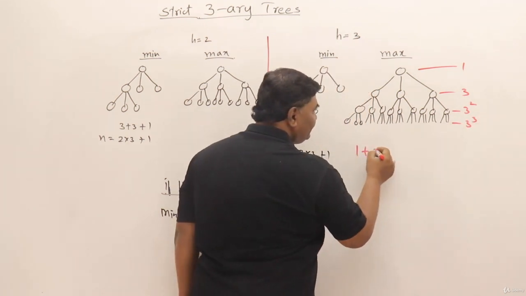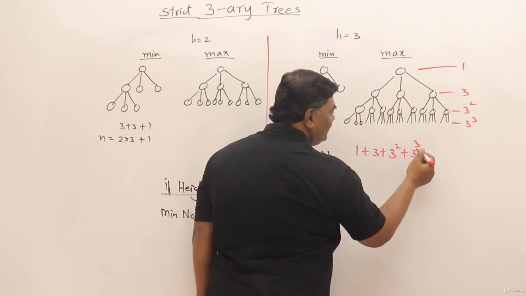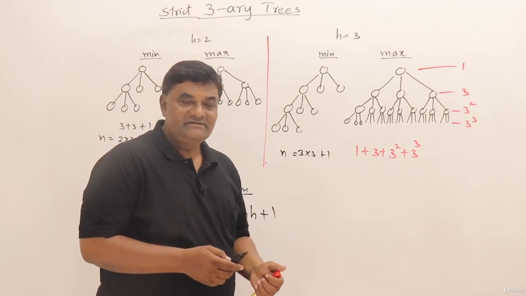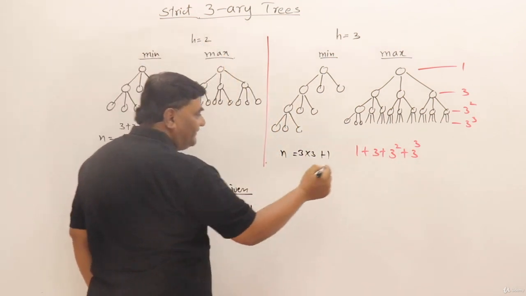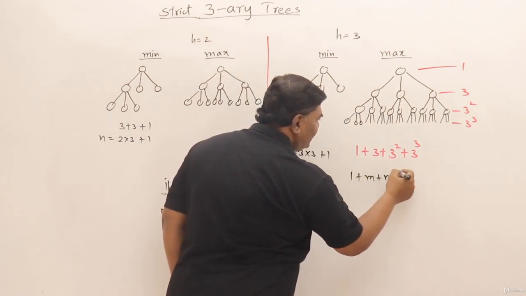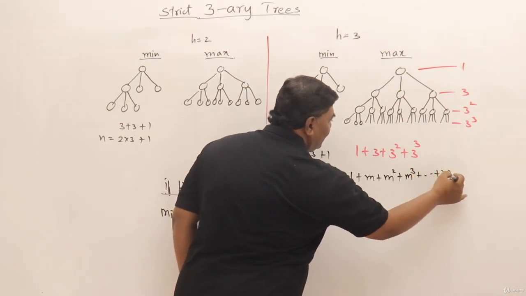So this is 1 plus 3 plus 3 square plus 3 cube. So these are the terms of a GP series. Yes. But what is this 3? 3 is the degree m. So I will rewrite it like this: 1 plus m plus m square plus m cube and it goes on up to whatever the height is.